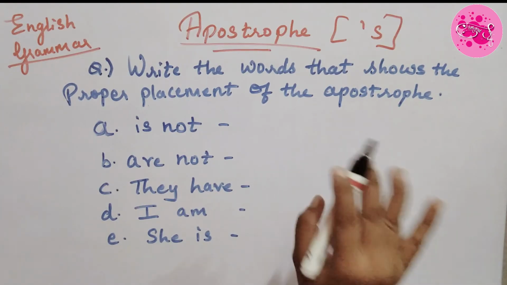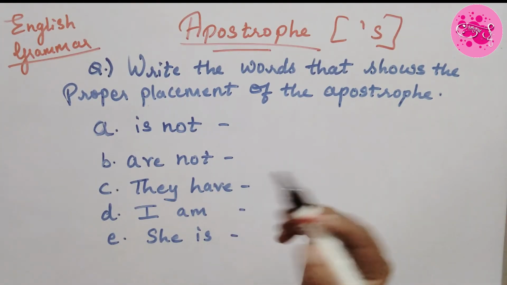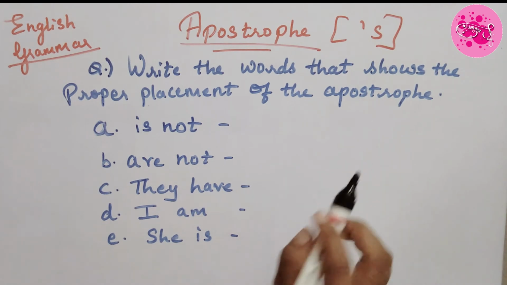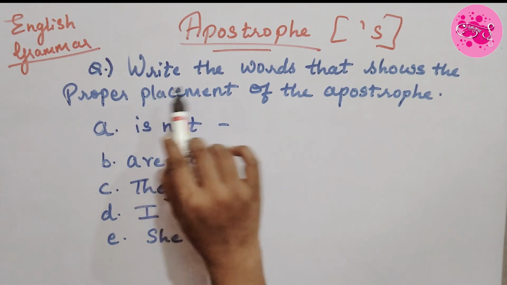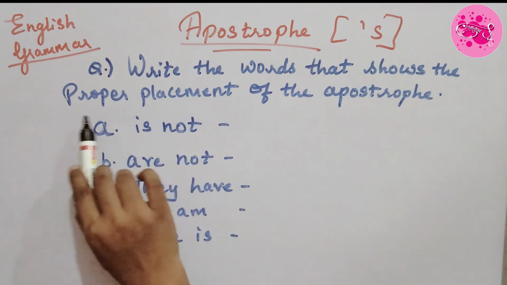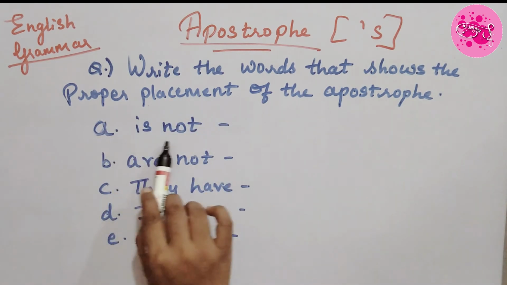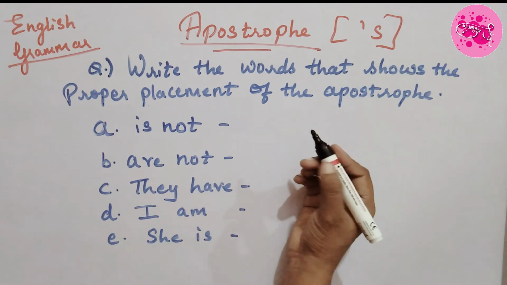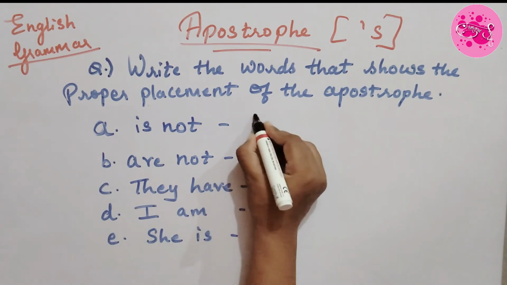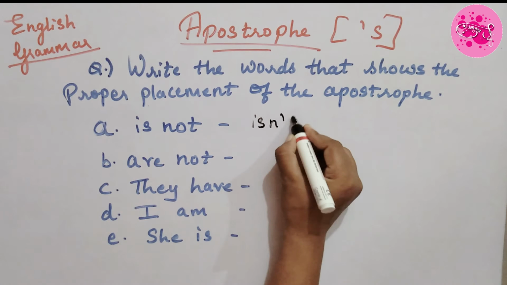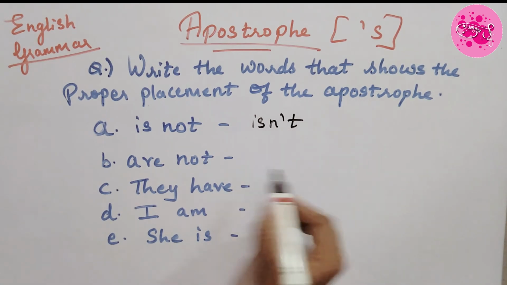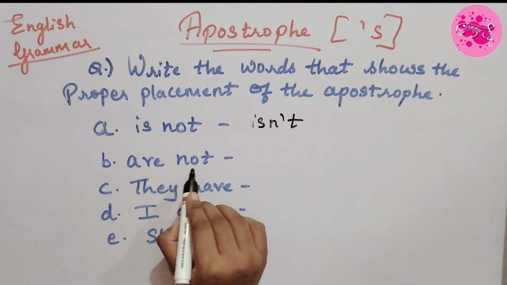Now let's learn more about it by answering a few questions. First one, write the words that show the proper placement of the apostrophe. Is not. How can we write? Isn't, is n apostrophe t. Second, are not.